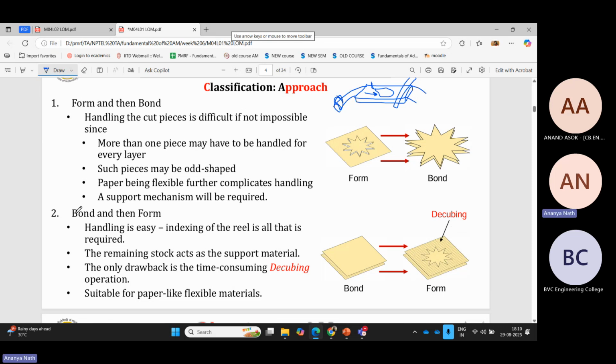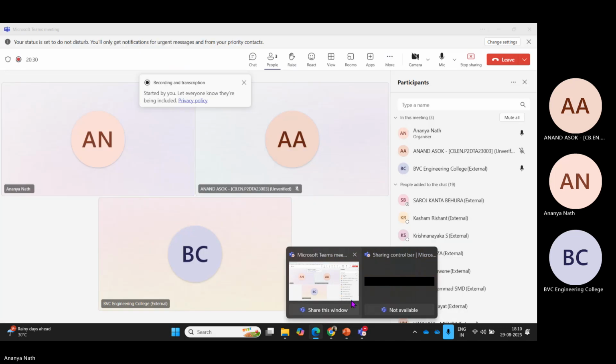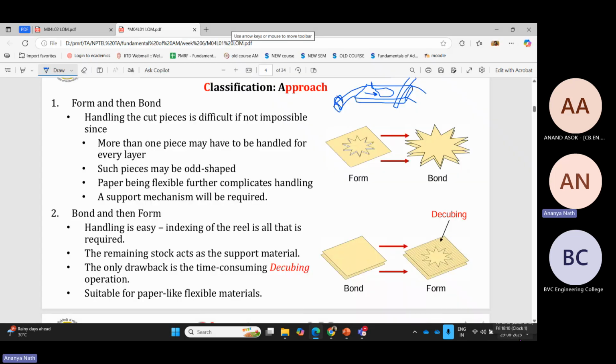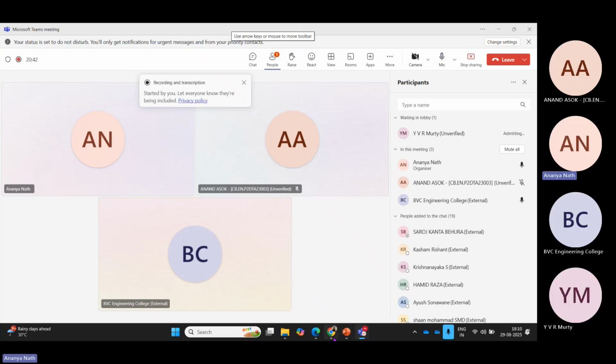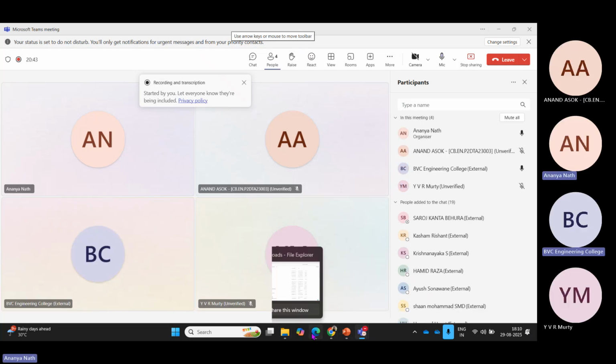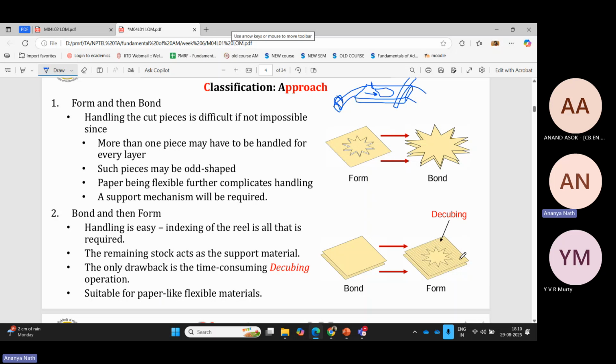In the other way, bond and then form are different processes where you have already joined two sheets together, and after that you are cutting the rest of the portion where you do not want to print the part. So that is bond and then form, and the first one is form and then bond.